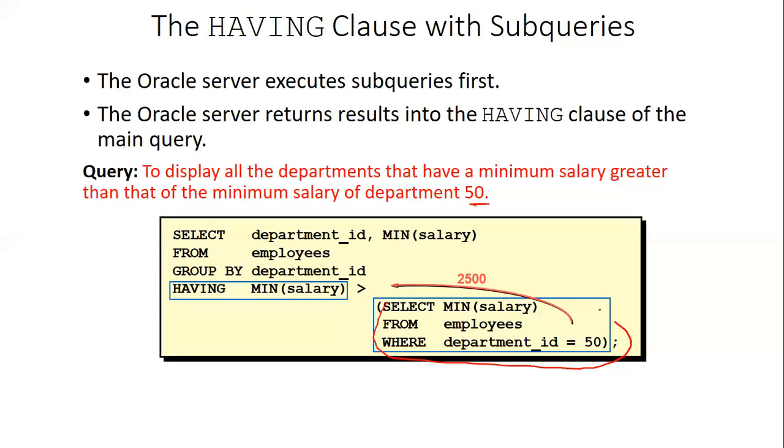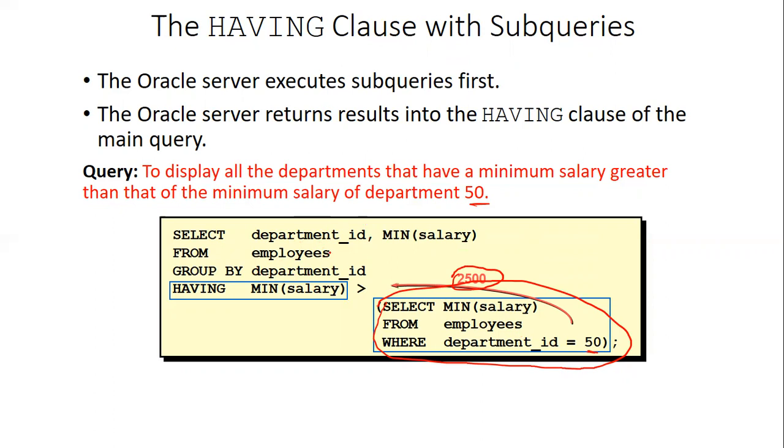Here you have written the subquery to identify the minimum salary of department 50. So the minimum salary is 2500. Now you can identify the departments that have a minimum salary greater than this minimum salary.